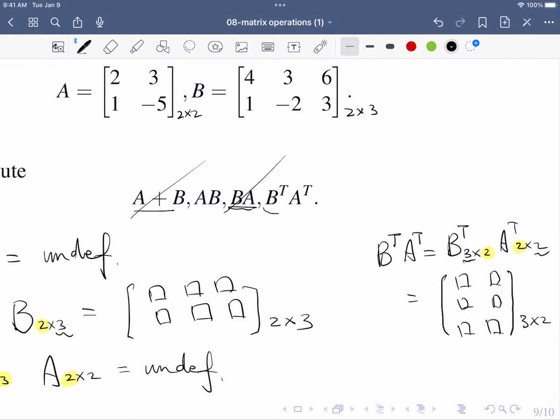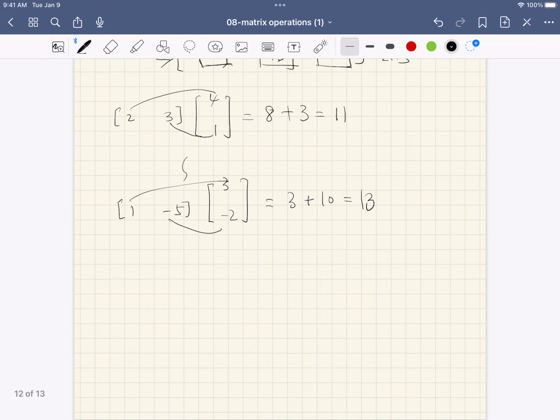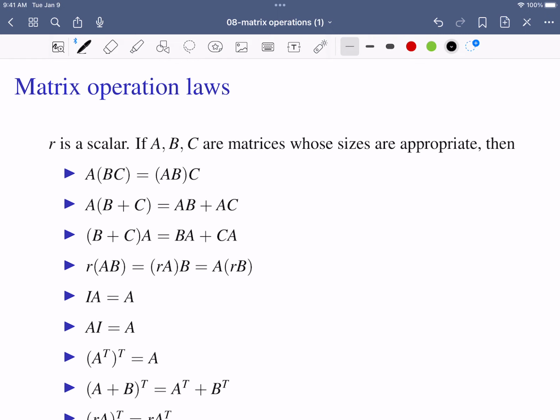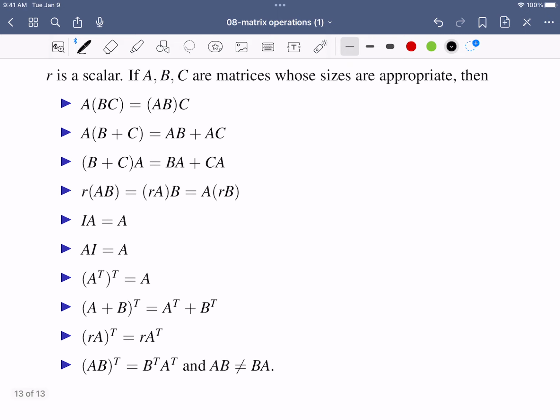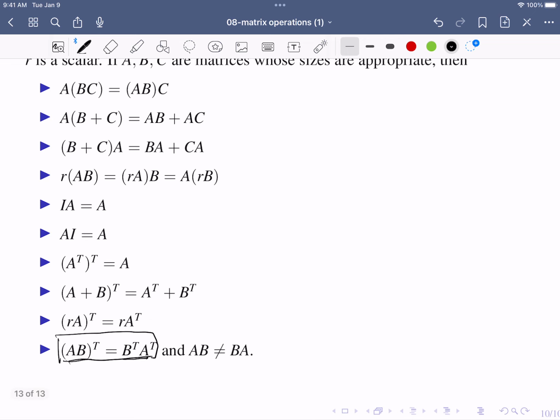Now what about B transpose A transpose? Of course we can do this step by step, but this takes a long time. But I'm going to show this property: (AB) transpose equals B transpose A transpose. So here are a couple of operation laws, and most of them are obvious, but this one is a little bit special because we didn't have the concept of transpose in number algebra.